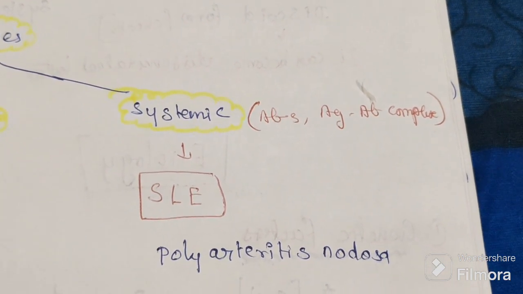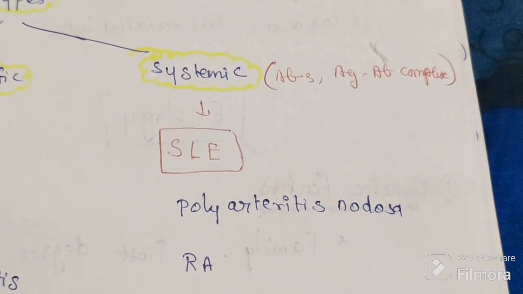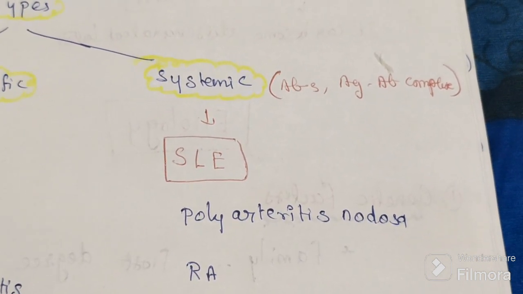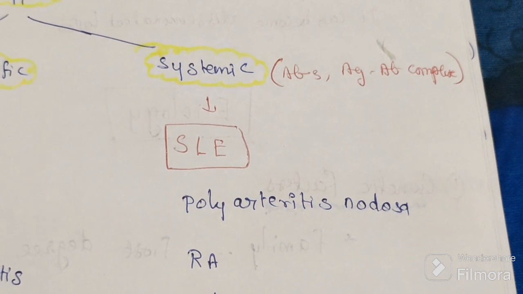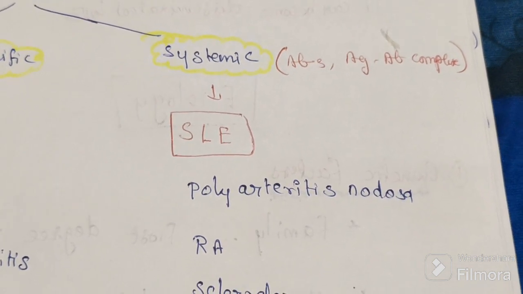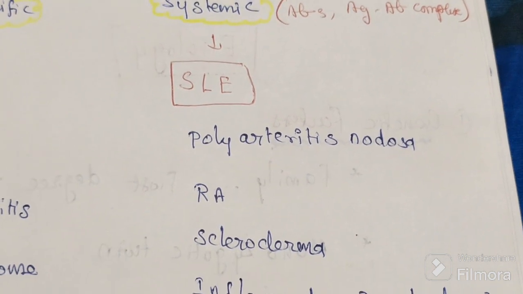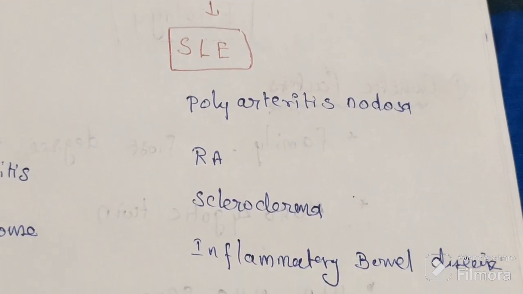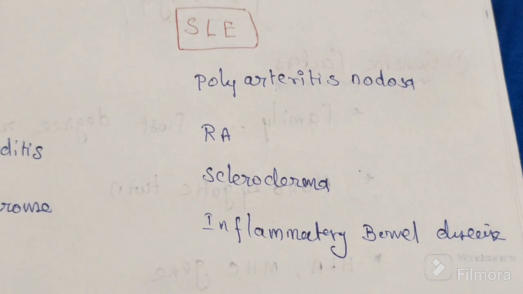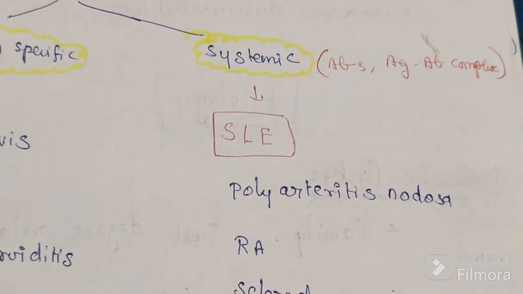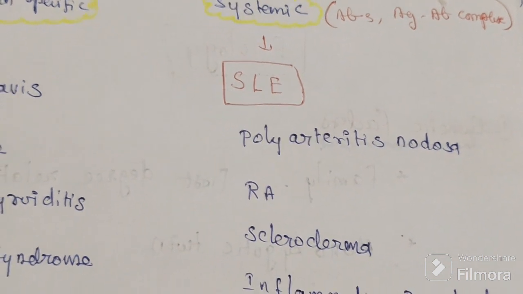These can cause damage. Some other diseases are polyarteritis nodosa, rheumatoid arthritis, scleroderma, and inflammatory bowel diseases. These are examples of systemic disease. Here we are focusing on SLE.